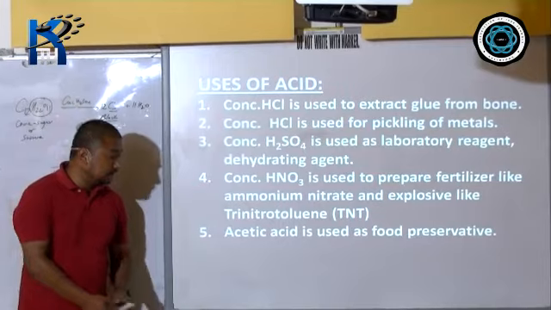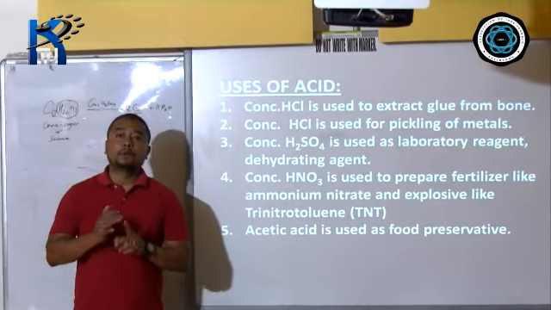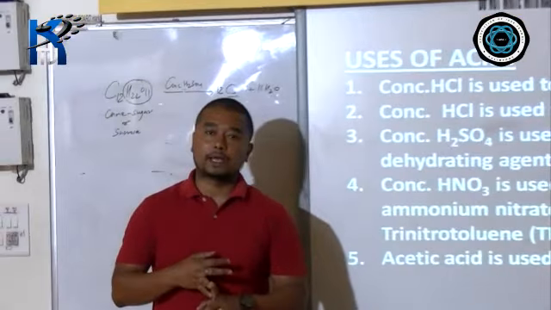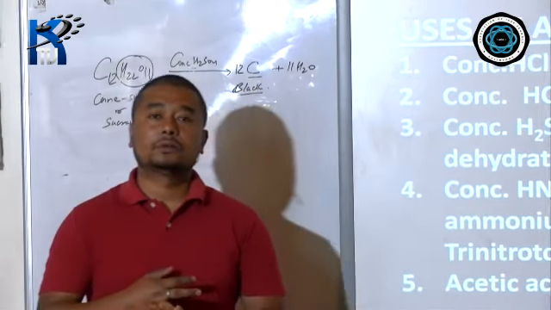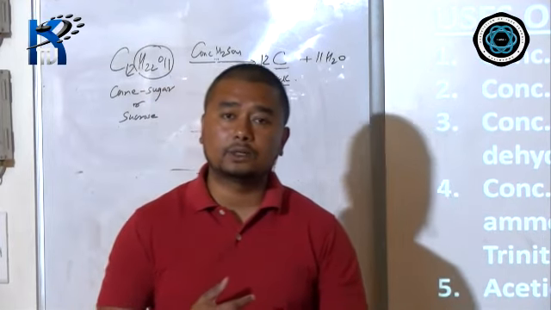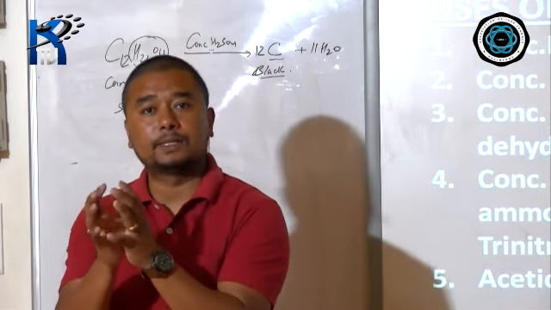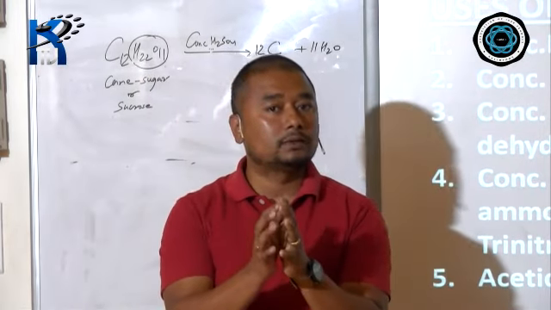So if you see in my class of today, what I have discussed with you is properties of acid and uses of acid. So students, in my last three classes, I have started the chapter called acid, bases and salt, and in these three classes of mine, I have explained to you only about the acid portion. And what we have learned?